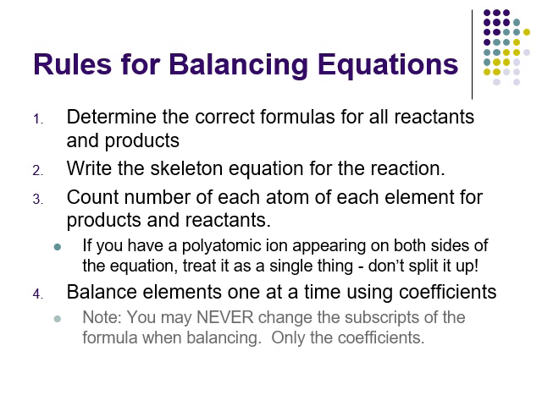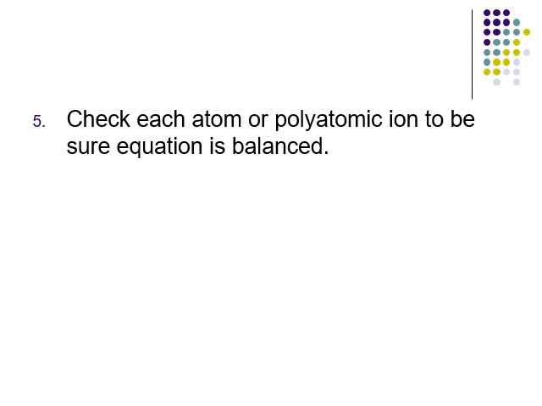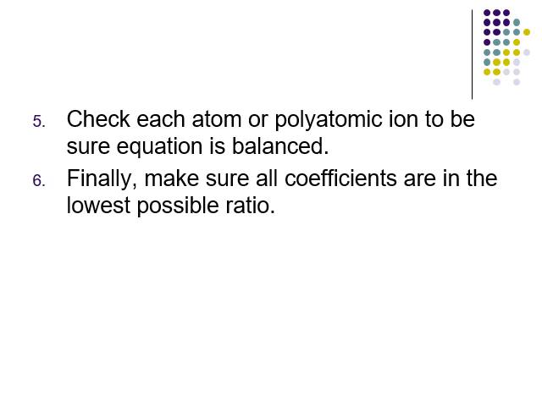That happens pretty frequently. But again, you can only change the coefficients, not the subscripts. Then just double check that everything is the same on both sides. That's what's nice about mirroring your list between the reactants and products. If it's all the same on both sides, you're balanced, you're good to go.